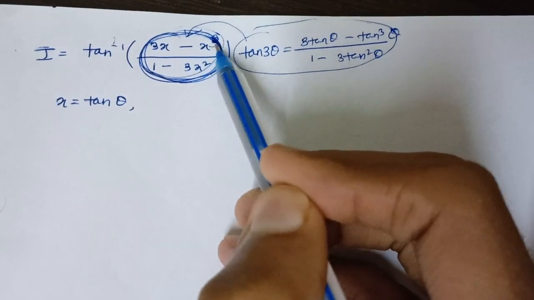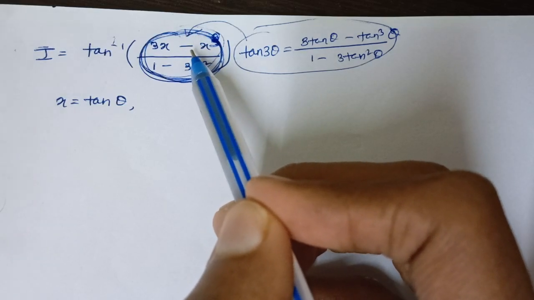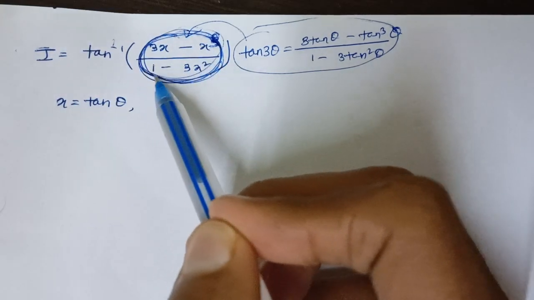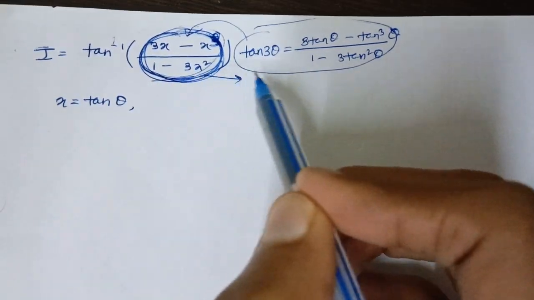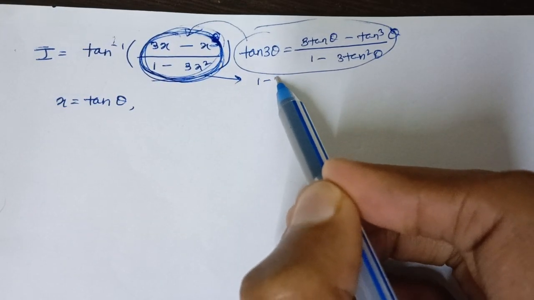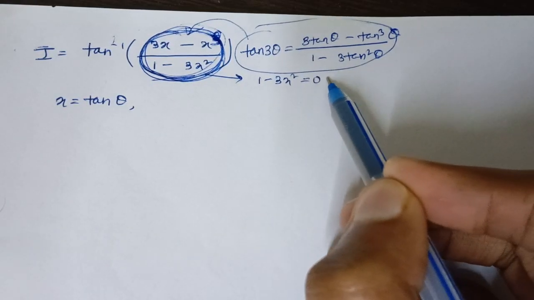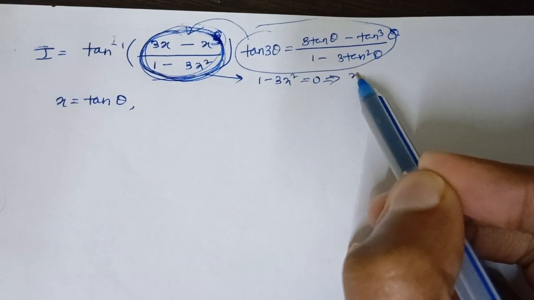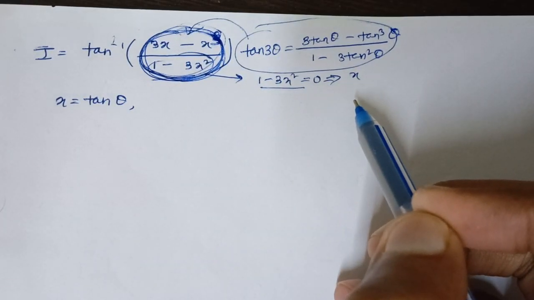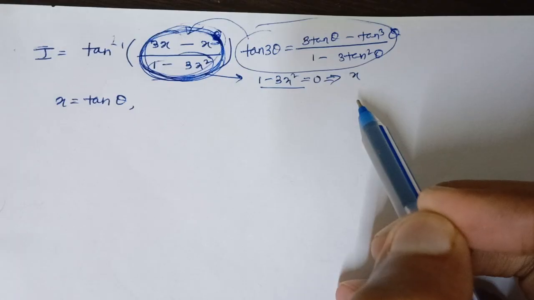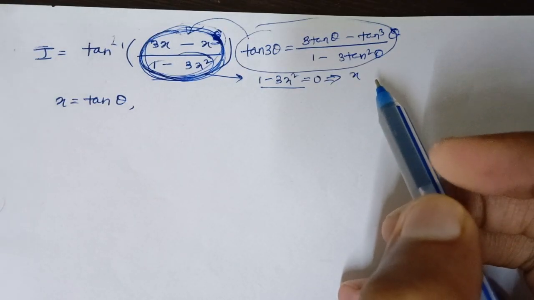The constraint on x is going to be put by this expression itself. You can clearly see that the denominator cannot be 0. That is the only constraint in this expression. So I'm putting the denominator to be 0 to find the values of x which I cannot put in the expression, basically the points where the expression is not defined.